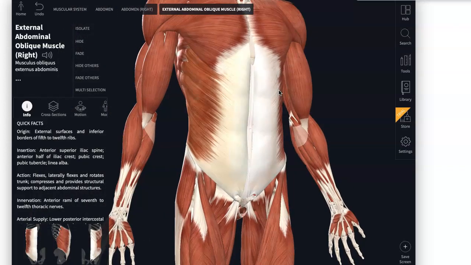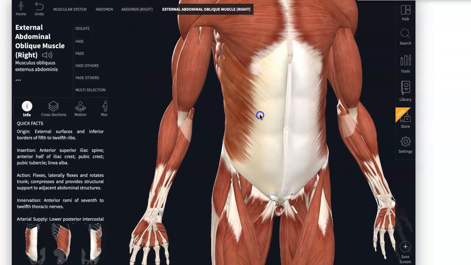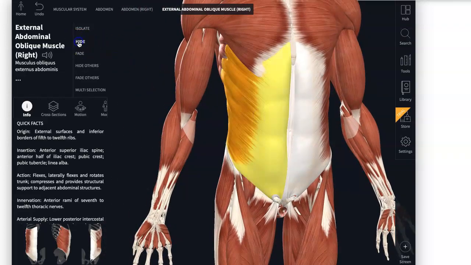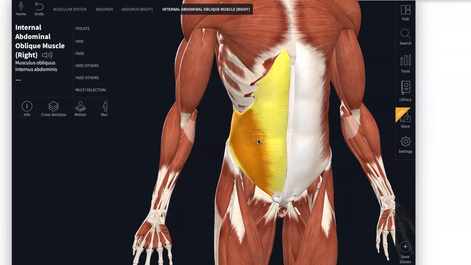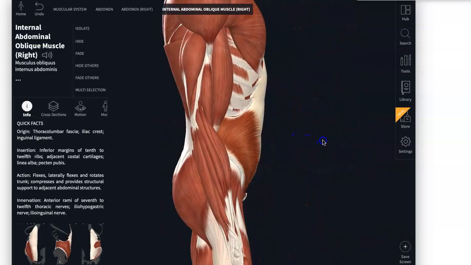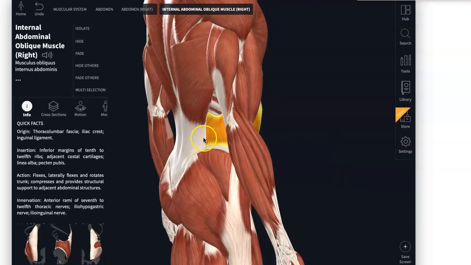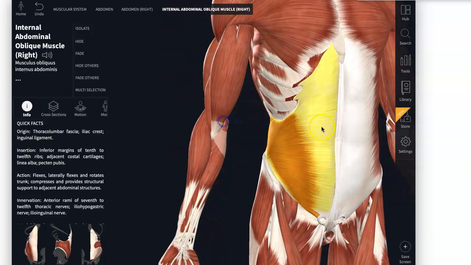Now, deep to external oblique, let me get rid of external oblique, is going to be internal oblique. So here is the internal oblique. Still kind of wraps around on the lateral side, goes into that aponeurosis.